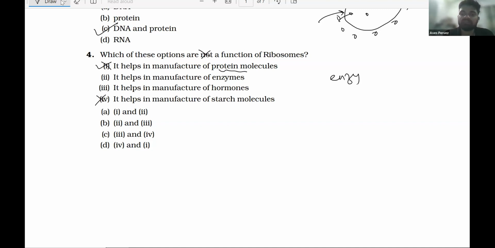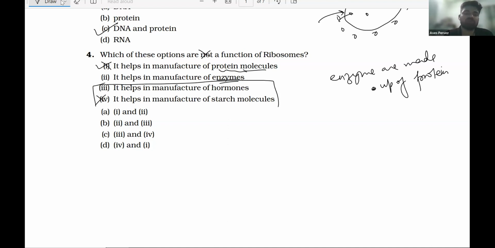Enzymes are made up of protein, so if it can manufacture protein, it can also manufacture enzymes. It will not help in the manufacture of hormones because hormones are made up of steroids. So that is 3 and 4, option C. Got it? Clear? Yes, sir. Now moving to the next question.